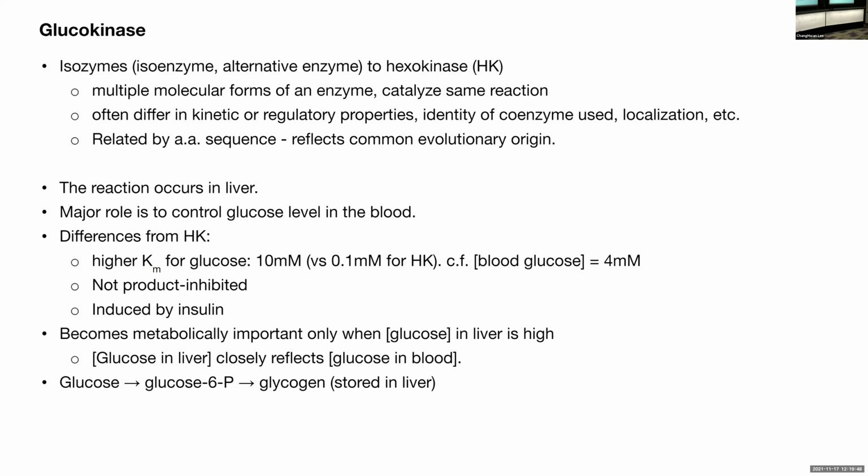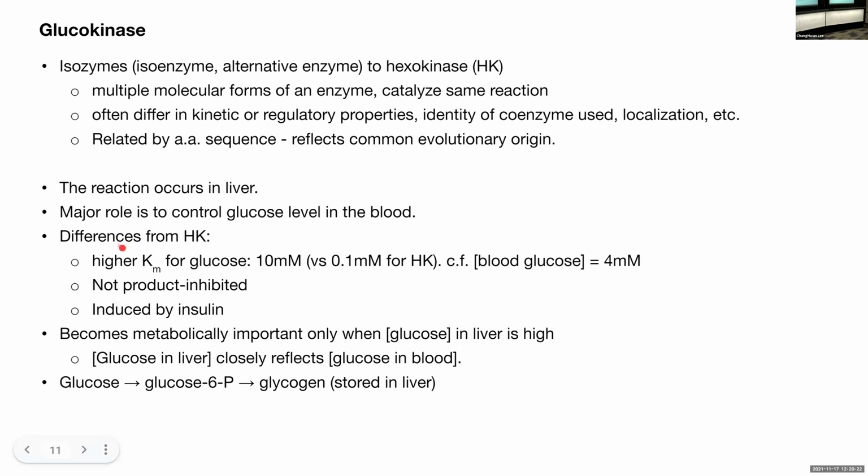So it'll eventually have a little lower efficiency too, right? It requires more glucose concentration to be activated for catalyzing this reaction. So consider that the blood glucose concentration is 4 millimolar. It's not going to occur naturally for glucokinase to be activated, as opposed to hexokinase, which would be activated pretty much, right? If that were existing in the bloodstream or in the liver.